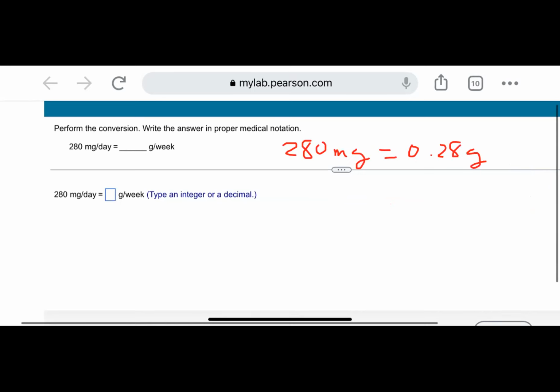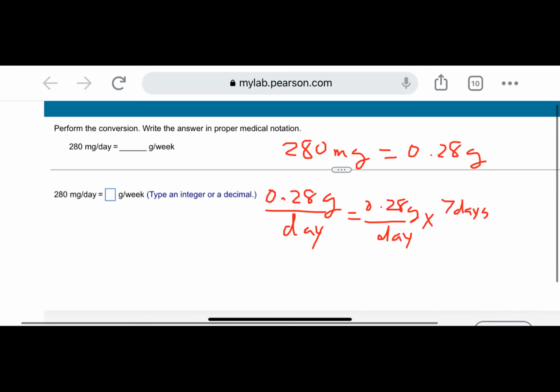So I have 0.28 g per day. And this should give me 0.28 g per day times 7 days over 1 week, right? 7 days is 1 week, right?